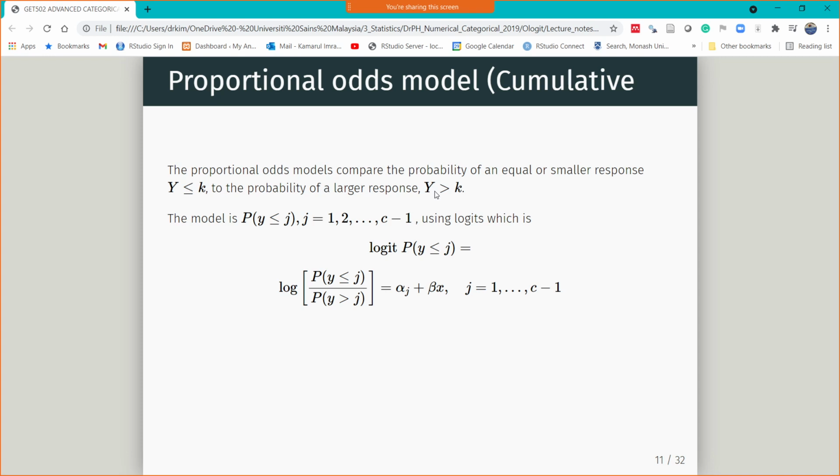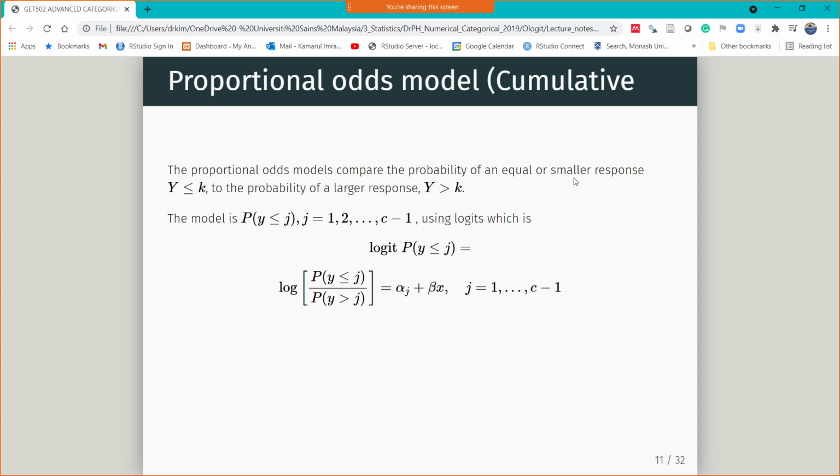So if you have 4 categories, 1, 2, 3, 4, you compare 1 versus 2 plus 3 plus 4, then 1 plus 2 versus 3 plus 4, then 1 plus 2 plus 3 versus 4, because you are comparing the probability of an equal or smaller response to the larger response.